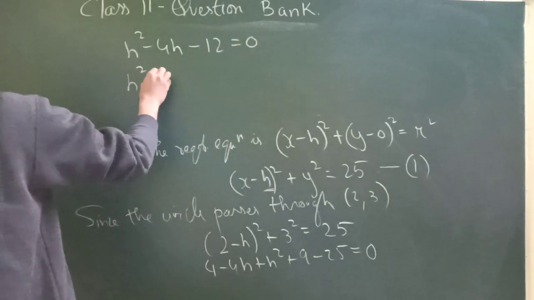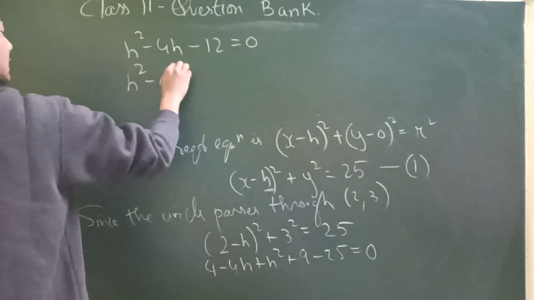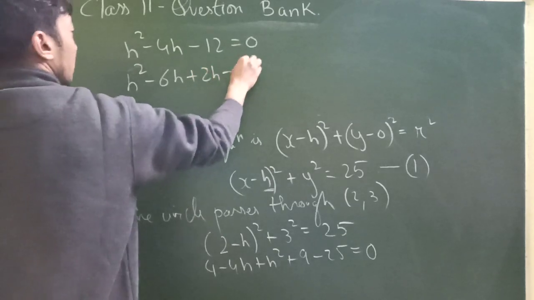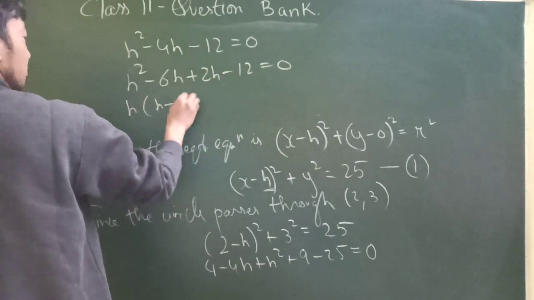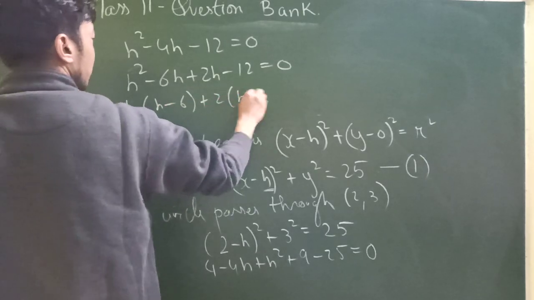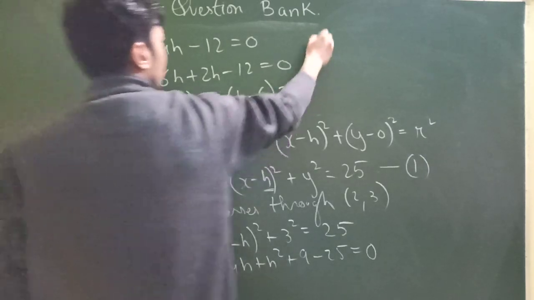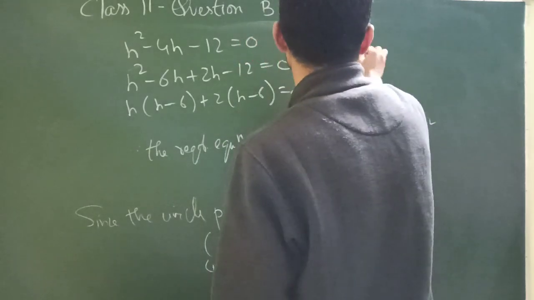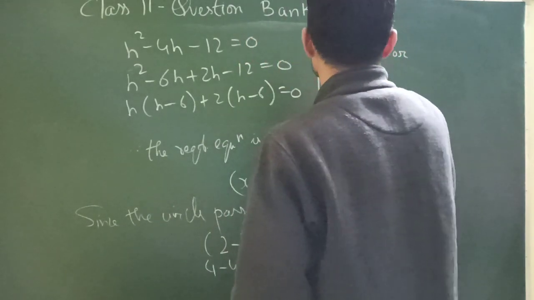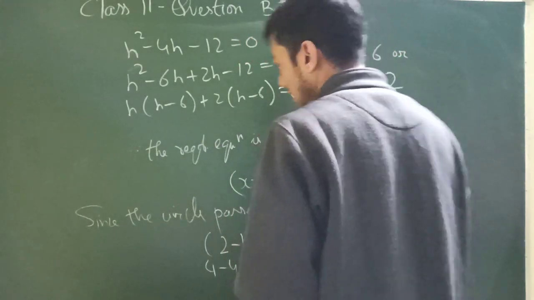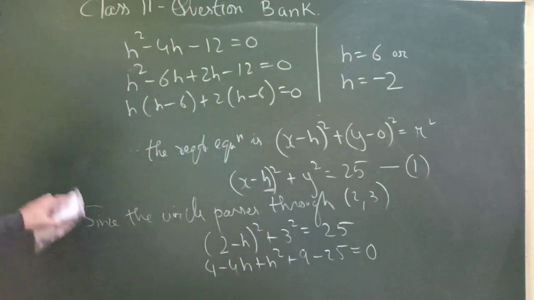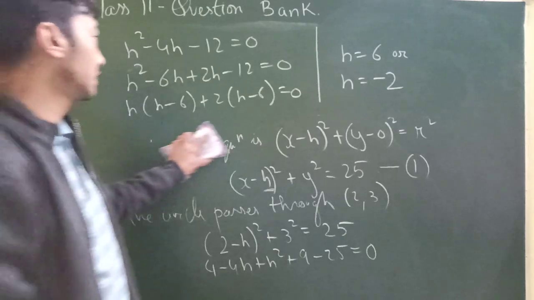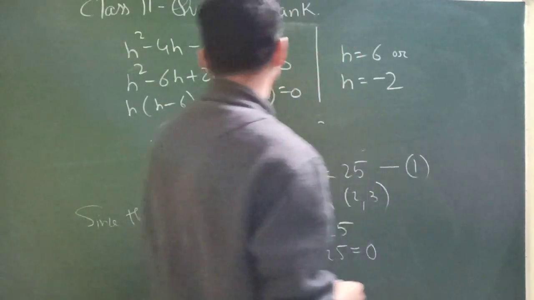So that's h square minus 6h plus 2h minus 12 is equal to 0. So (h minus 6) plus 2(h minus 6) equal to 0. So definitely h is equal to 6 or h is equal to minus 2. So after factorization, we have two values for h. That is either h is equal to 6 or h is equal to minus 2.